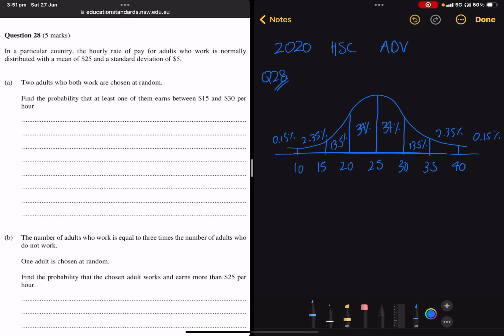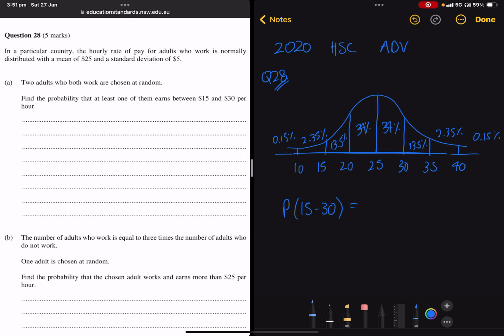So we're told two adults who both work are chosen at random. Find the probability that at least one of them earns between $15 and $30 per hour. Well, we need the probability that someone earns between 15 and 30.